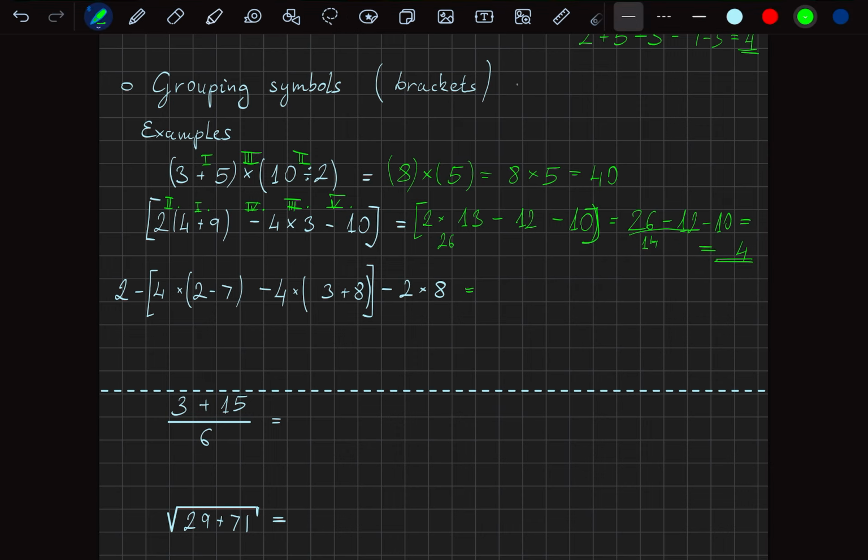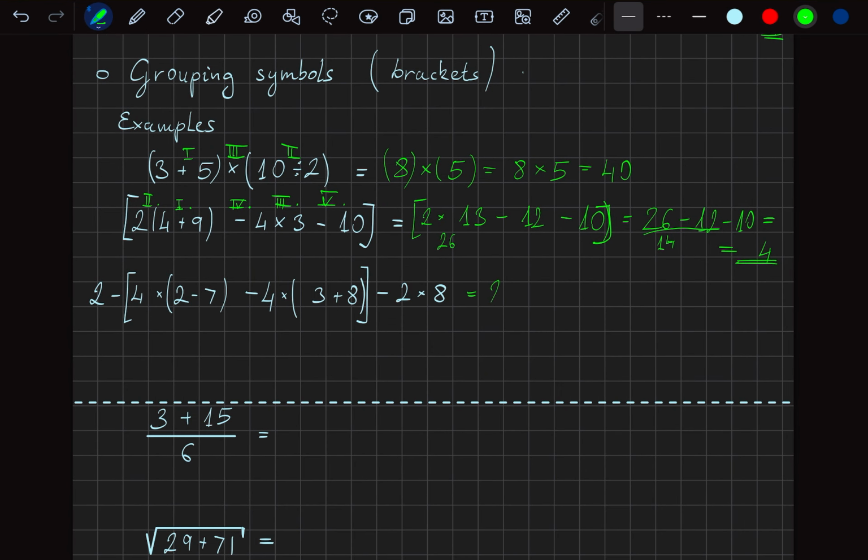Okay. So 2 minus bracket 4 times 2 minus 7, it's minus 5. 4 times minus 5, minus 4 times 3 plus 8, it's 11. Close the bracket, minus 2 times 8 equal, and we'll continue here.